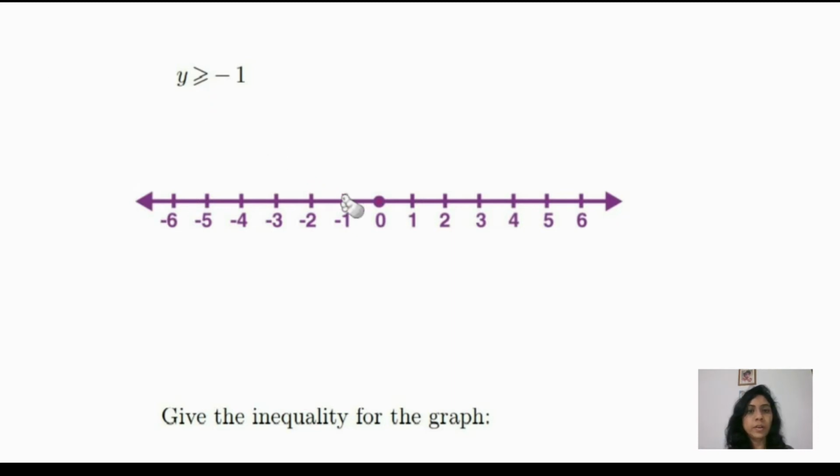So for -1 we use a square bracket, and all values more than -1 are included. On this side is positive infinity, so we write -1 comma infinity. Always the parenthesis with infinity. So this is the interval notation, and this is the graph of the inequality.